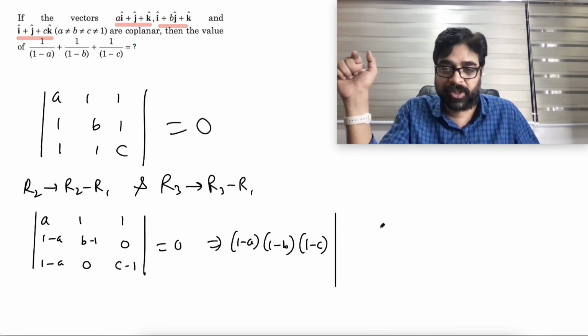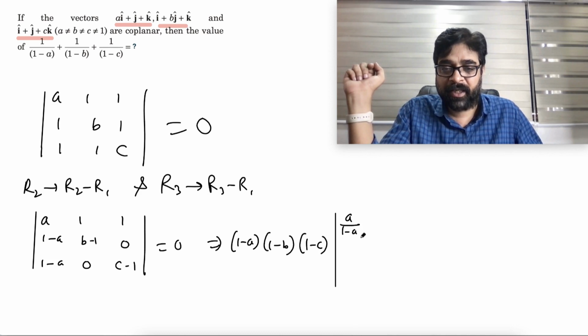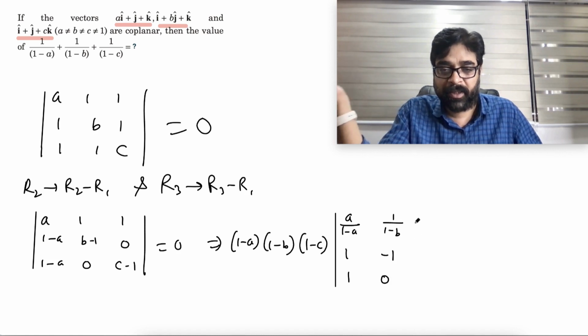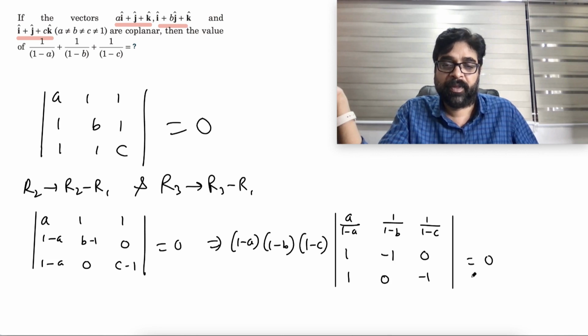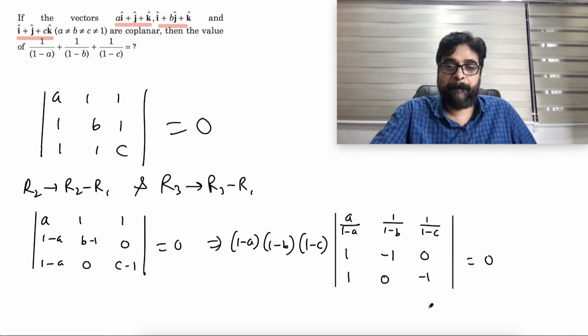Because I'm looking at the question. 1 minus A common gives A by 1 minus A. This is 1, this is 1. Here 1 minus B taken common gives 1 by 1 minus B. This will become minus 1 because this is B minus 1, and this will become 0. This will become 1 by 1 minus C. This will be 0. This will be minus 1 equal to 0. I'm sure it's clear to everybody.